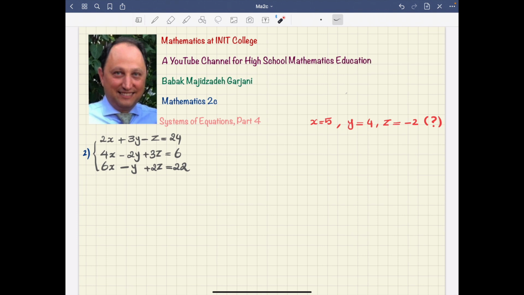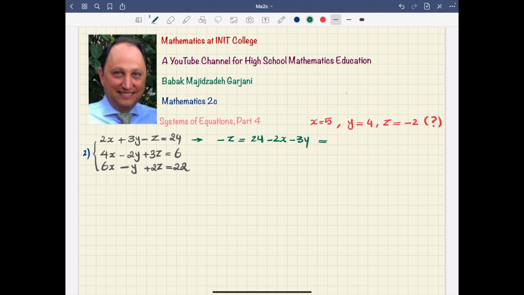Okay, so let us do that. I myself prefer, for example, to use the first equation and eliminate z. Let us do it this way this time. It doesn't matter, of course. If you have done it in a different way, you don't need to change it. So I will choose the first equation. I will move everything except z to the right, so it becomes 24 minus 2x minus 3y.